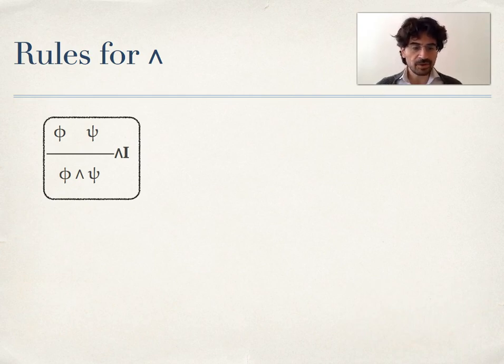This rule says that if you have derived phi at some point in your derivation, and you have also derived psi at some point in your derivation, then in the next line you can derive phi and psi. This seems kind of obvious. So what this rule does is that if you have independent derivations of two formulas, then you can combine these two derivations by writing the conjunction of these two formulas in the next line. So this is called conjunction introduction.